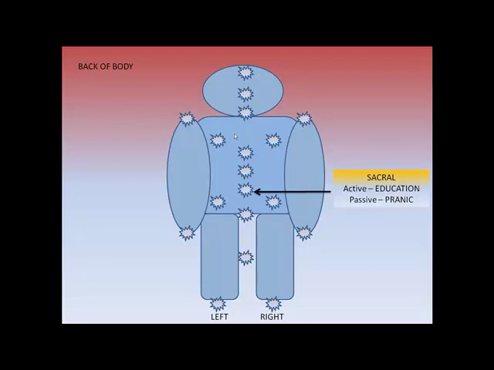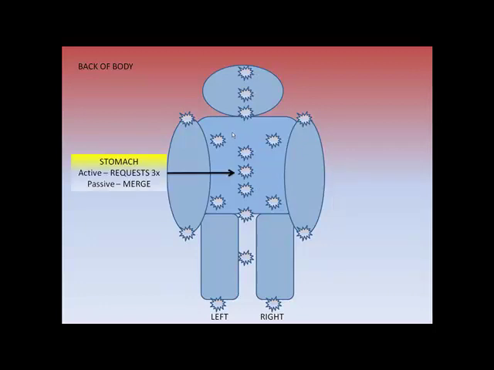In the sacral, I identified the active being learning, education, understanding, and the passive is the pranic environment that surrounds us. In the stomach, I feel that actively it's the requests that we place, and passively merging those requests within our life.